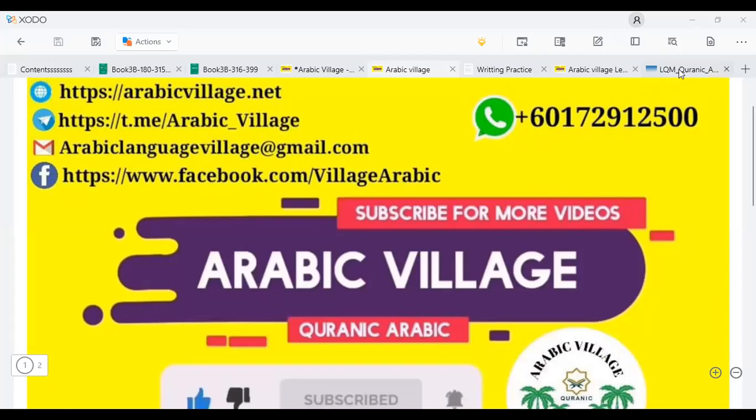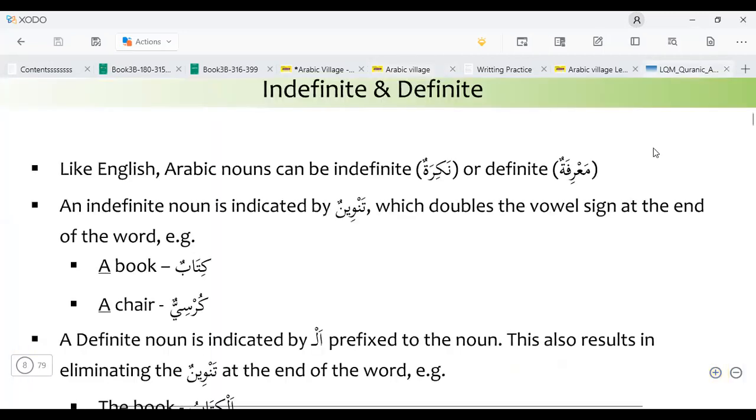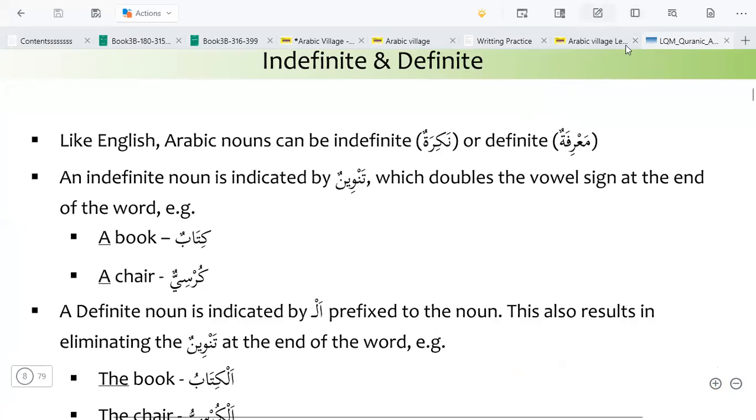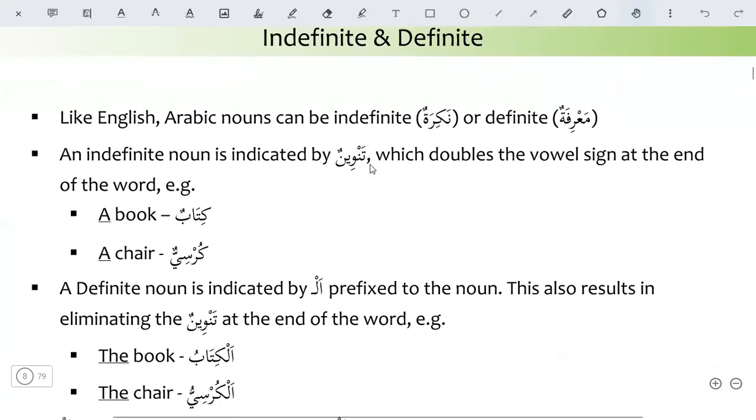In the first lesson, we learned about indefinite and definite sentences. A noun is either definite or indefinite.